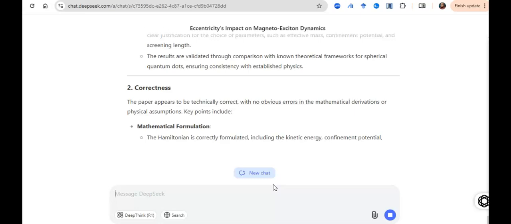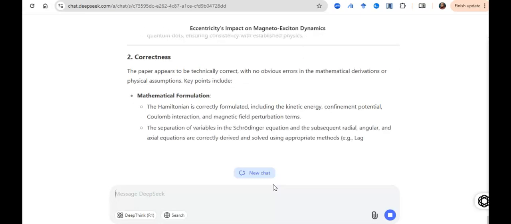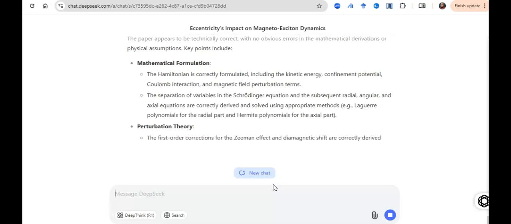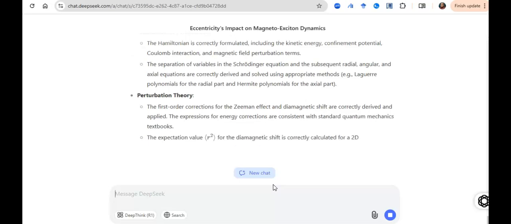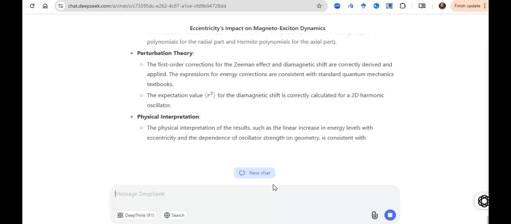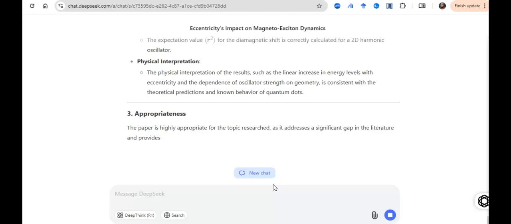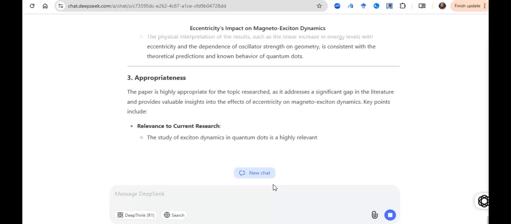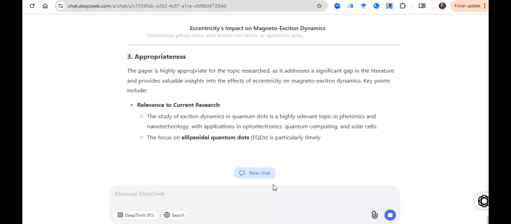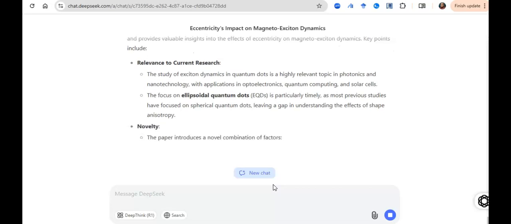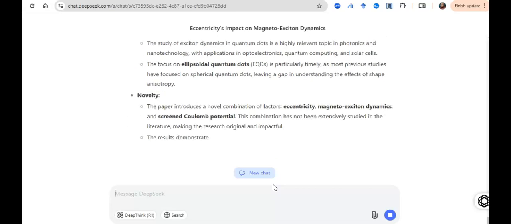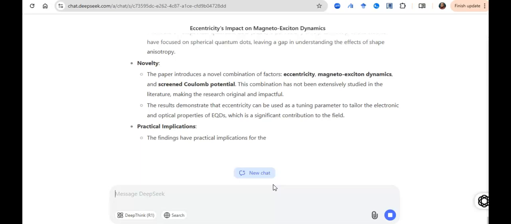You've used a very good approximation, or the formulation is correct. The perturbation theory is a good starting point. There is physical interpretation. There is appropriateness, and it is in the current state of research. It is novel, and all of those beautiful sentences.